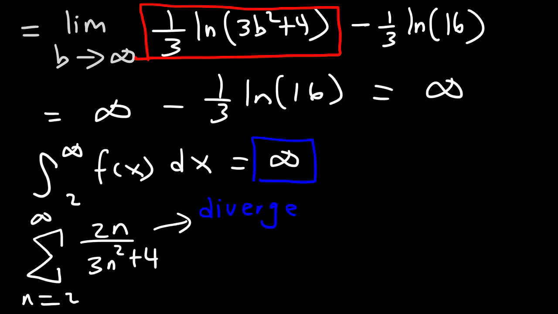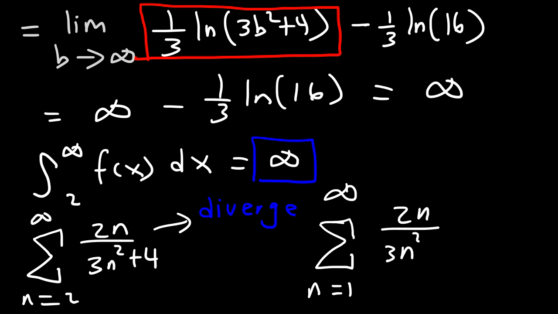Now, if this series diverges, what about the original series, let's say from 1 to infinity? The only difference between these two series is that this one has an extra term, the a sub 1 term.